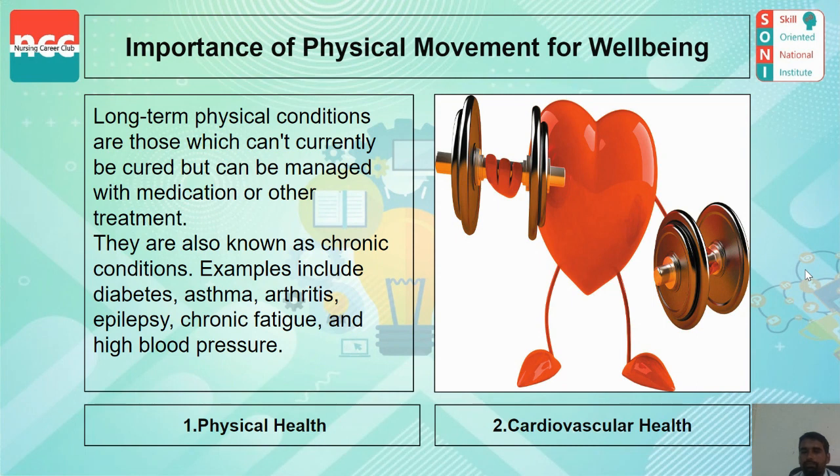Cardiovascular health. It is related to our heart, how many times our heart beats in one minute, and the circulation of blood in our heart. So that is related to cardiovascular health.